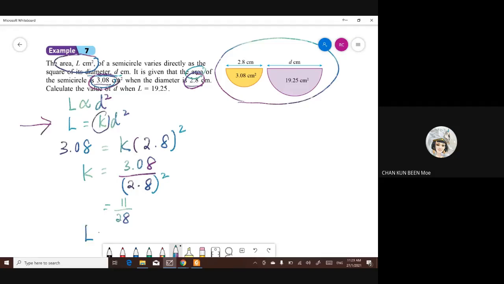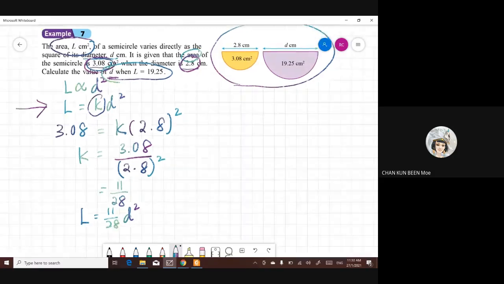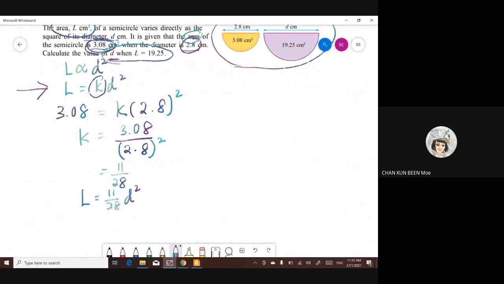So L will be 11 over 28 D squared. Okay. Lastly, they ask you to calculate the value of D when L is 19.25. So you're going to find out the value of D by replacing L with 19.25 here. Okay, we are going to do it on the right.